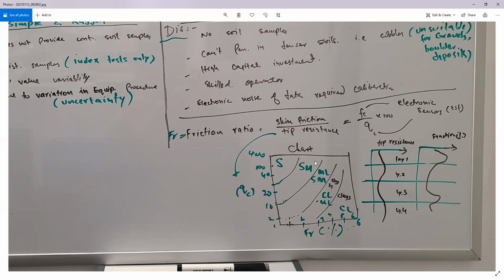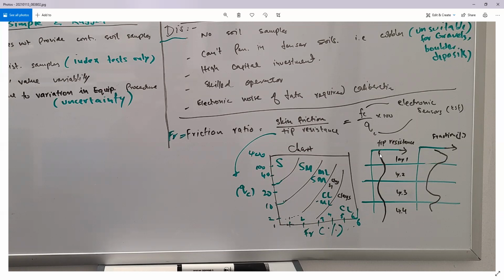For example, for gravelly sand, very low friction ratio and very high tip resistance. And for sand, sandy soil, low friction ratio and moderate tip resistance. Sandy silt or silty sand, moderate friction ratio and moderate tip resistance.